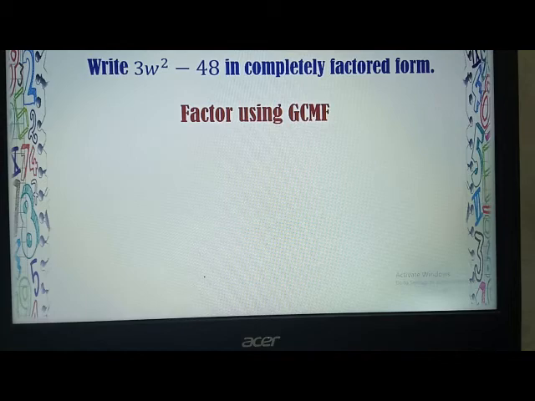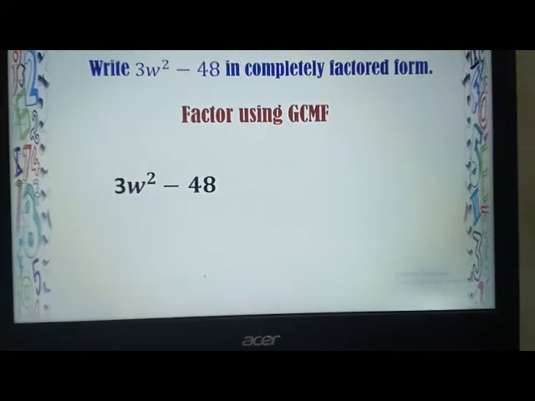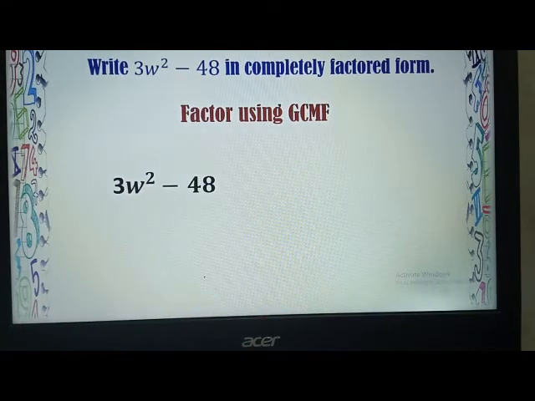And we had the first one, which is factoring using GCMF. If you observe 3w squared and 48, they have a common factor, which is 3.